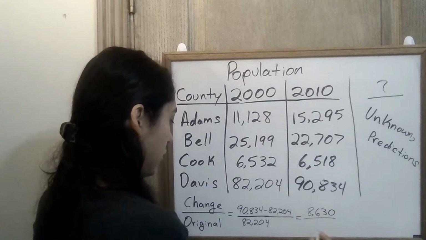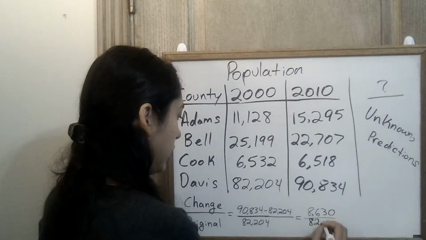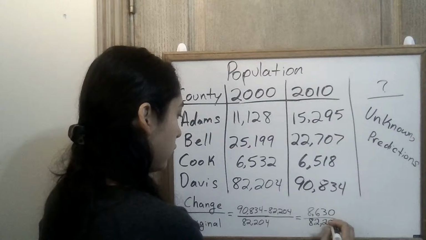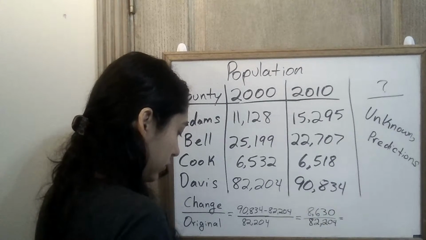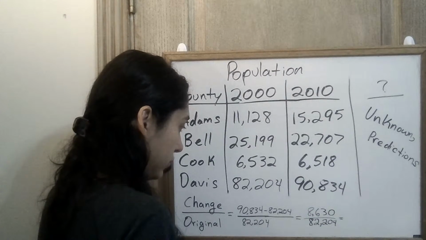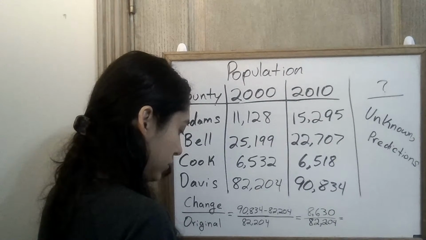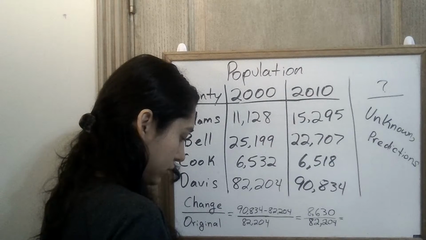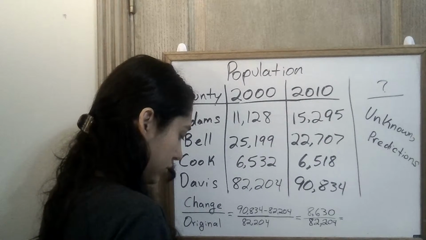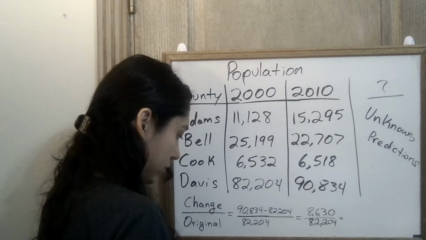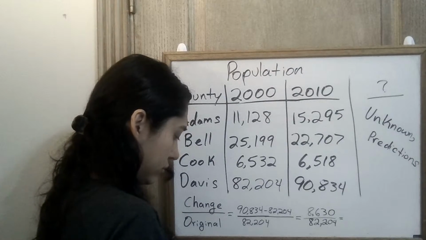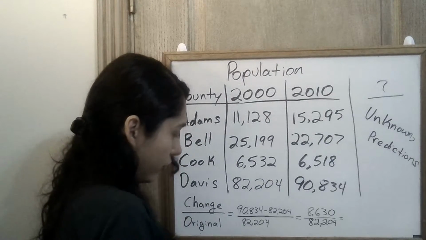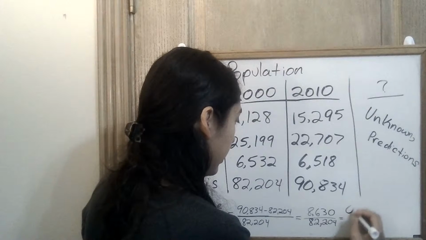Divide that over 82,000... 1,204. And this is the value I get right here.